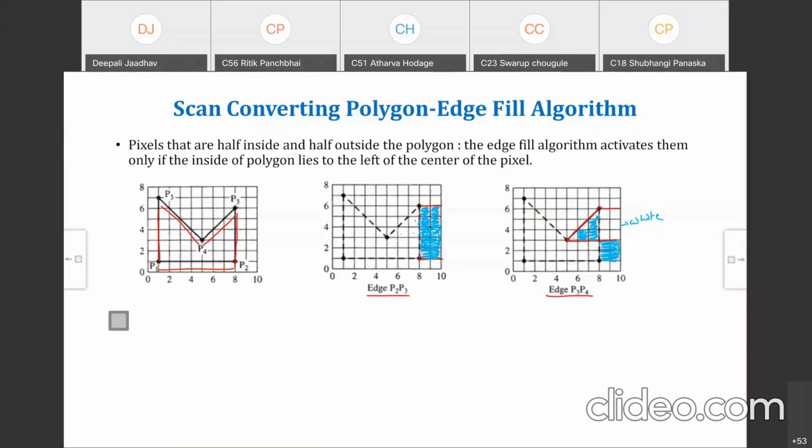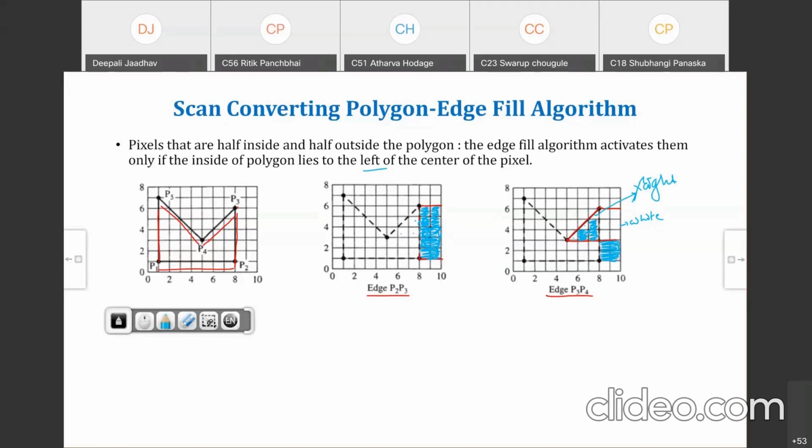Whether we need to complement them depends upon whether they lie to the left or right of this center. If they lie to the right, we are not going to perform anything. These are not on the left, these are on the right side, and that's why these are not activated and remain as they are. So that is about the line P3, P4.